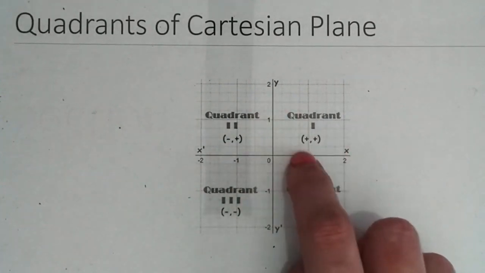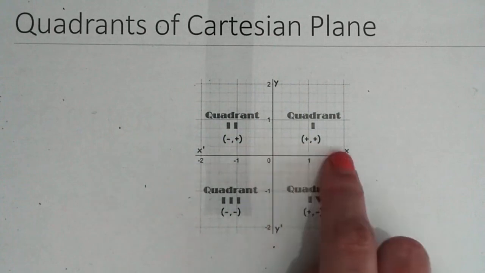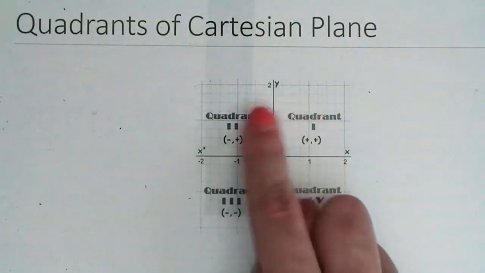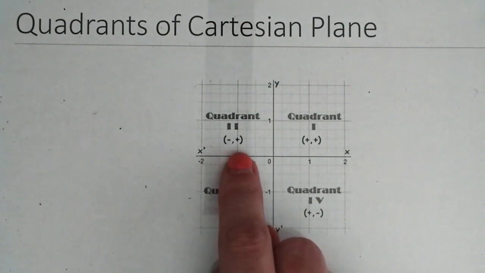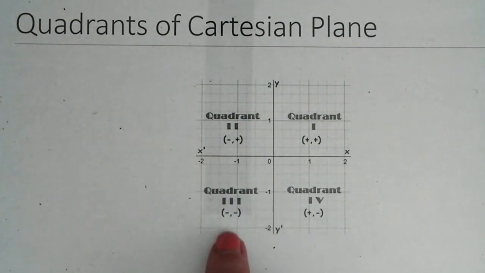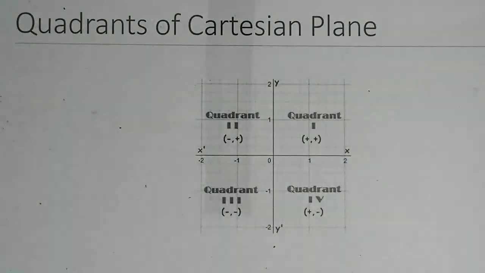So first we have quadrant 1 where both x and y are positive because we went right and up. Next up we have quadrant 2 where x is negative and y is positive. Then we have quadrant 3 where both x and y are negative. And finally we have quadrant 4 where x is positive and y is negative.